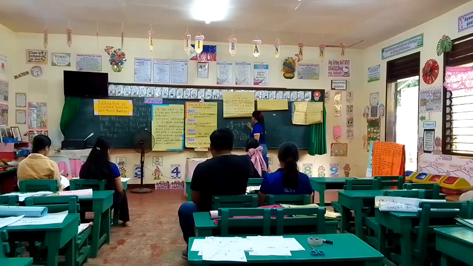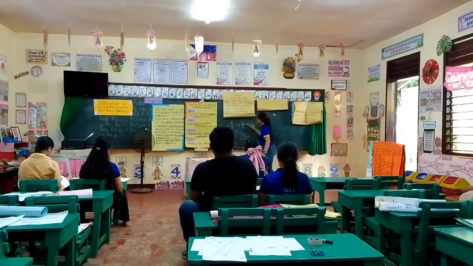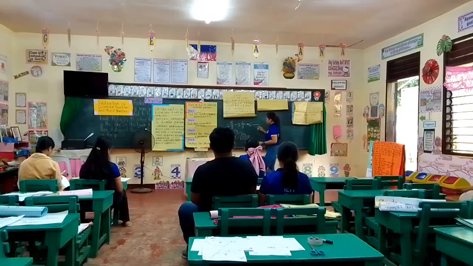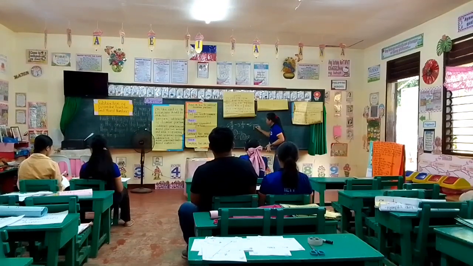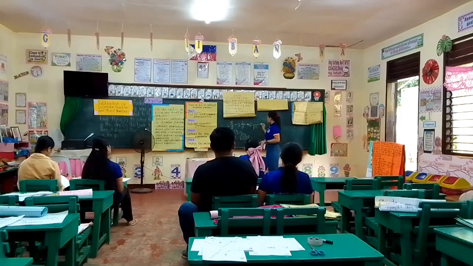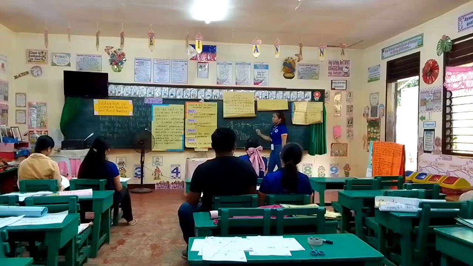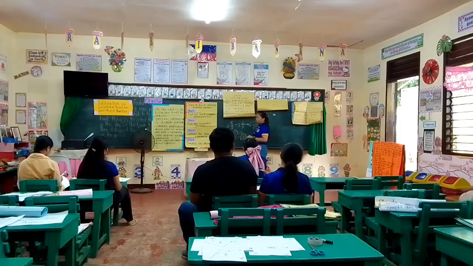So copy lang nato ang 6, which is the whole number, and put the new denominator, which is 5, then copy lang nato ang 3, with the new denominator, which is 15. So step 2 is find the equivalent fraction.